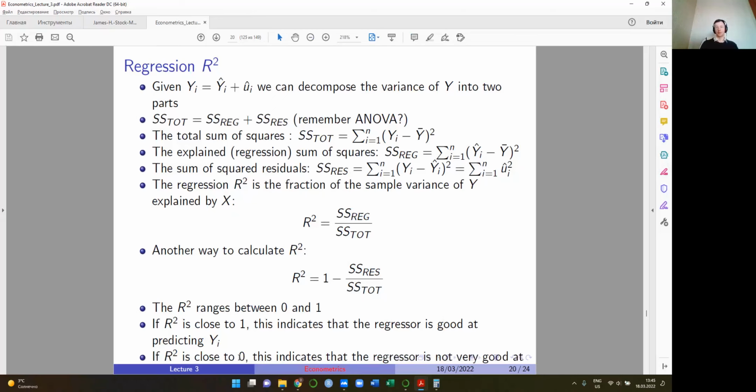If R squared is close to 0, this indicates the regressor is not very good at predicting y. So that's a very simple interpretation of R squared. If it's close to 0, your model is not able to predict y in a precise way. If it's close to 1, your model perfectly fits.